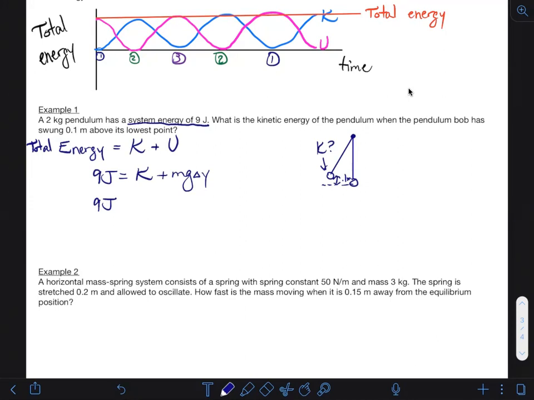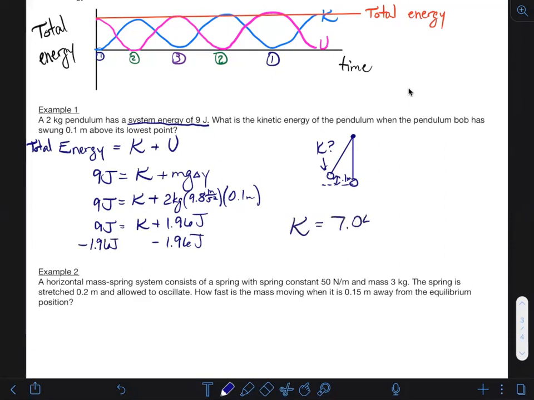So by taking 9 joules of energy in my system, subtracting the 1.96 joules of gravitational energy, I am now left with how much kinetic energy I have at that moment in time. And it should be 7.04 joules of kinetic energy. Great.